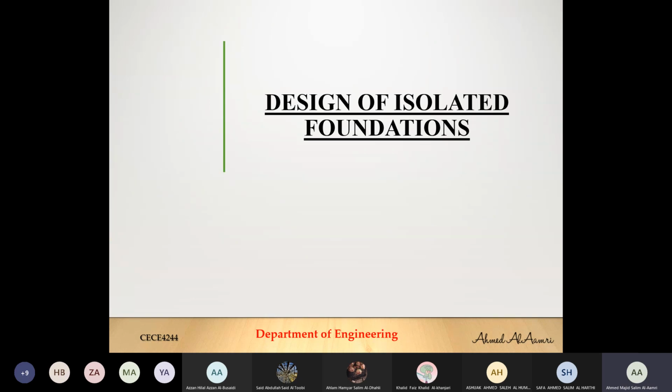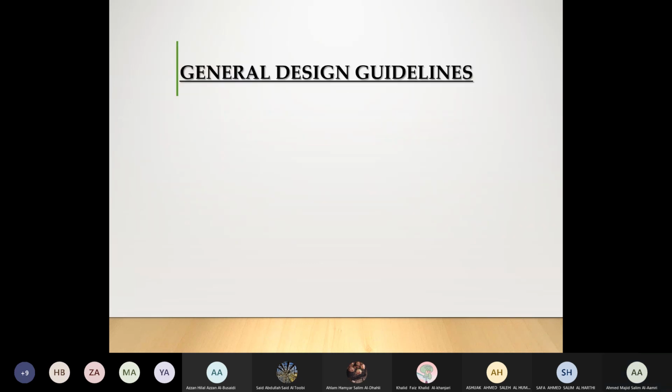For isolated foundations we have two categories: concentric isolated foundation and eccentric isolated foundation. We are going to learn the differences between these two and how to design each one of them, inshallah.